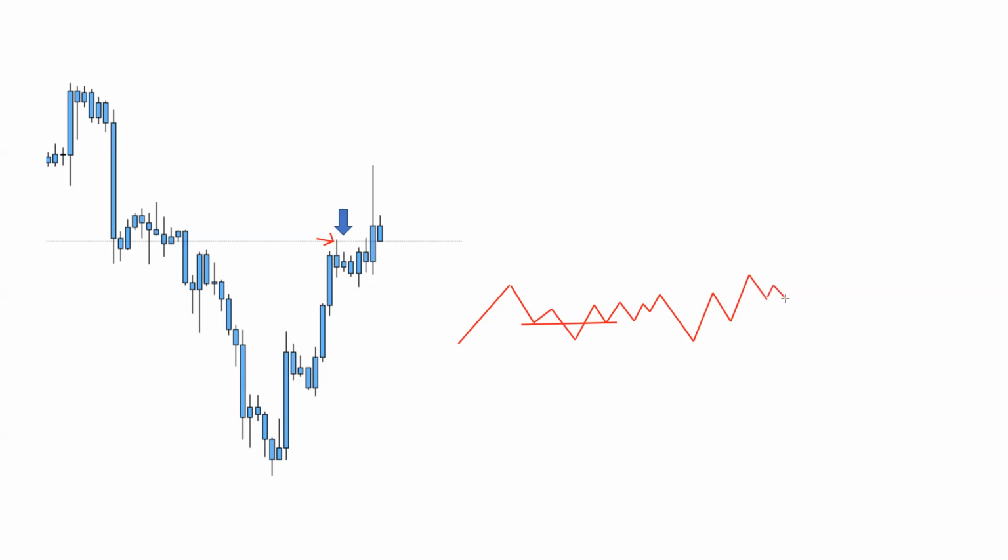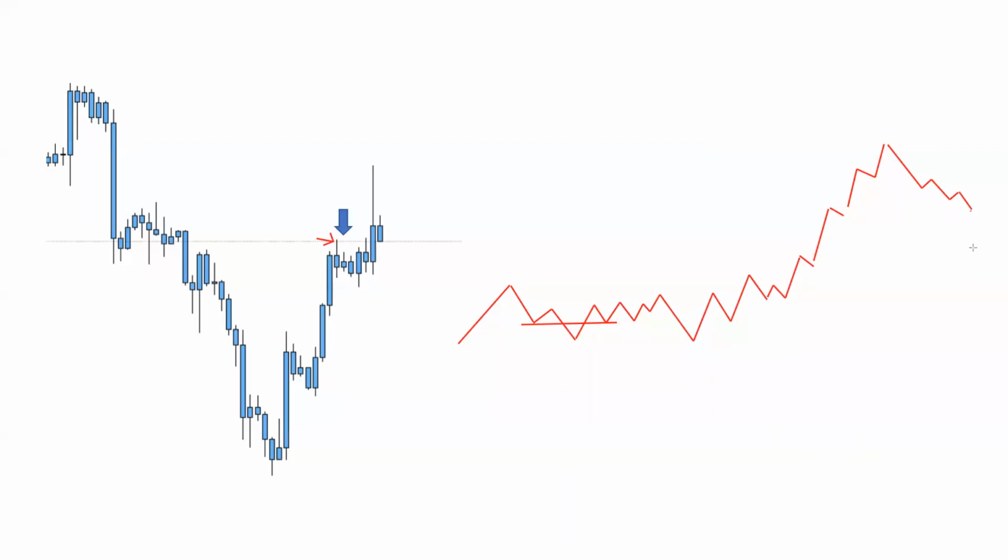Then once again we saw bears enter the market, just a slight push back down to form a wick. Then we saw strong bullish momentum pushing higher, forming a high. Correct. Again we saw bears enter the market, pushing price back down, almost to the previous structure consolidation area.